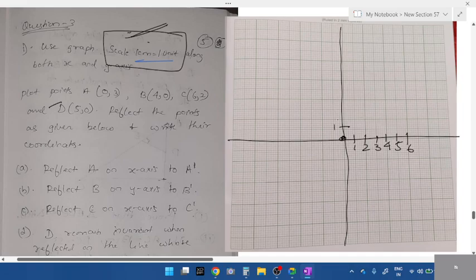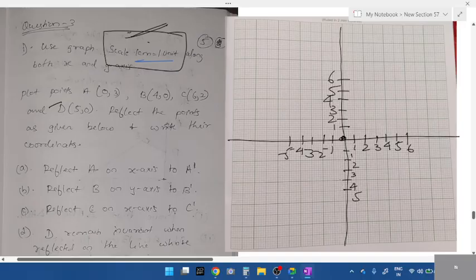So here 1, 2, 3, 4, 5, and -1, -2, -3, -4, -5. All these are negative.